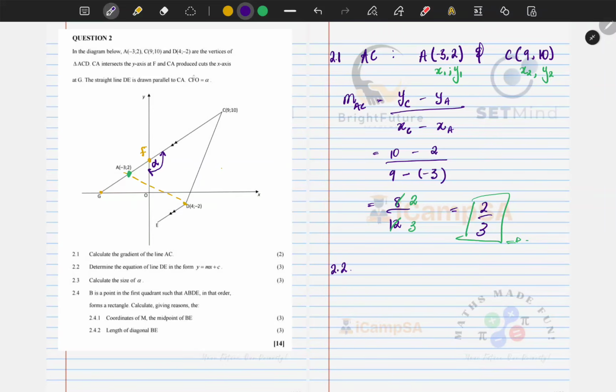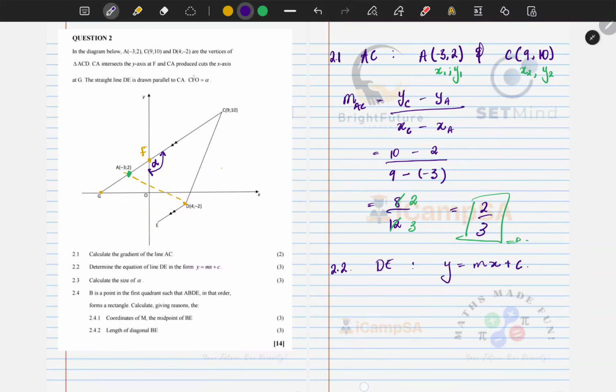Determine the equation of the line DE in the form y equals mx plus c. So let's look at DE. This is DE.